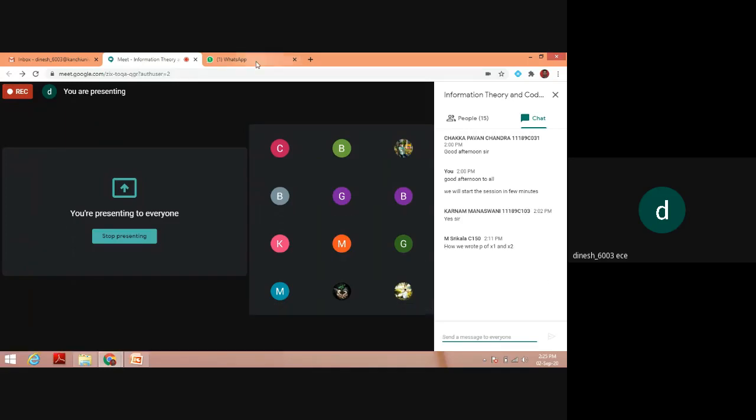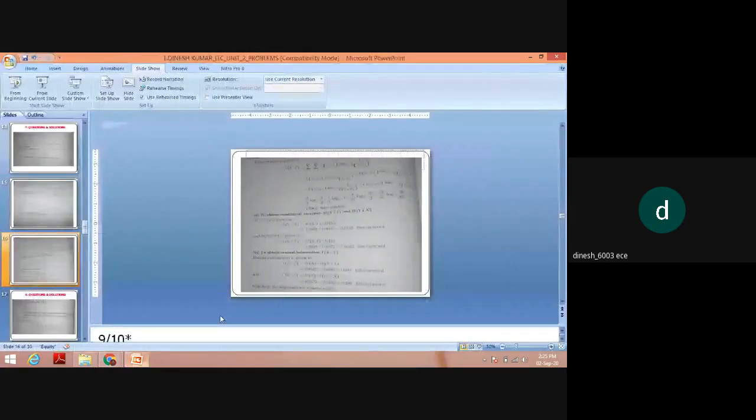Keep in mind that this channel is not a binary symmetric channel. I'll show you that in this slide, so you can go through it. This is not a binary symmetric channel. Why?